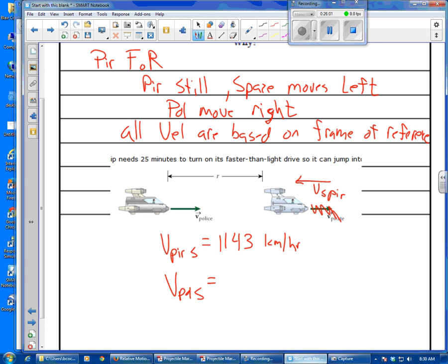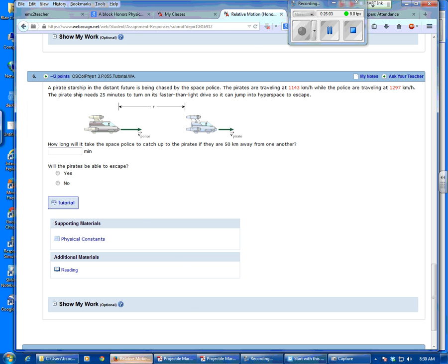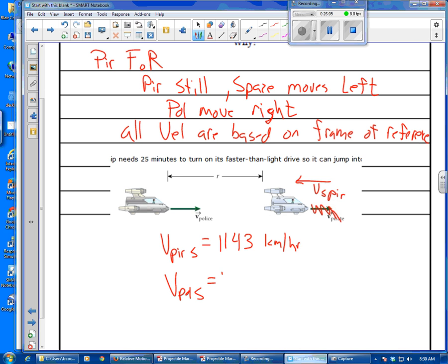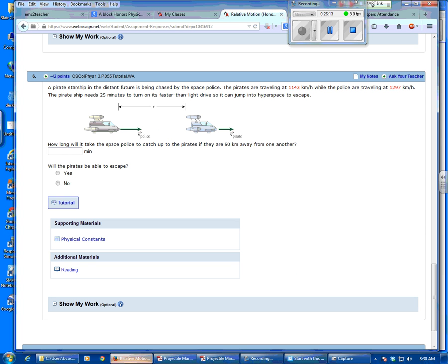Velocity of the police with respect to space is 1297. Separation is 50 kilometers.